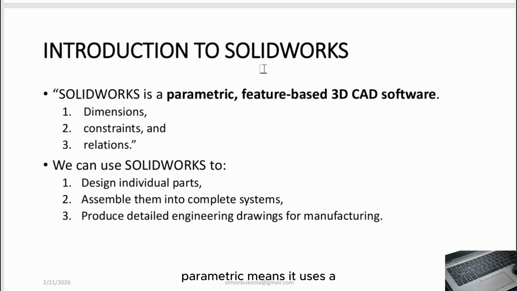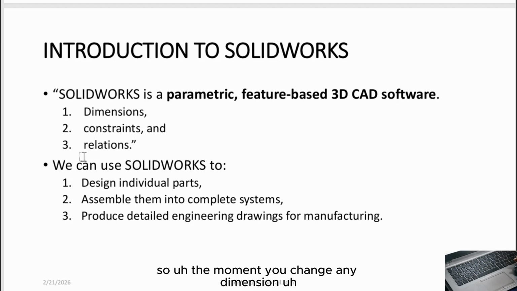Parametric means it uses fixed relations, like dimensions, constraints, and relations. So the moment you change any dimension in the design process, it changes the whole 3D design.